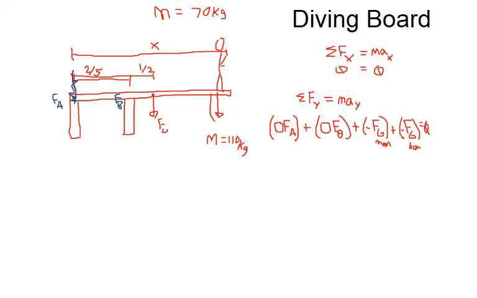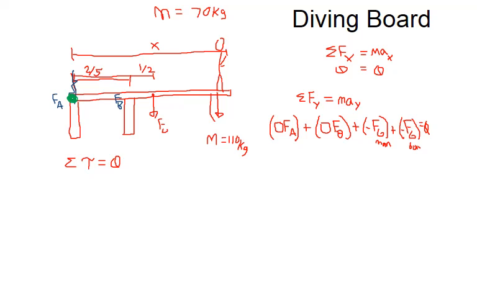So what we're going to do is leave FA and FB blank in terms of the signs. We know the force of gravity of the man and the force of gravity of the beam are both negative. So when we set up the torques, we can set up our axis of rotation. Let's go ahead and use that here.